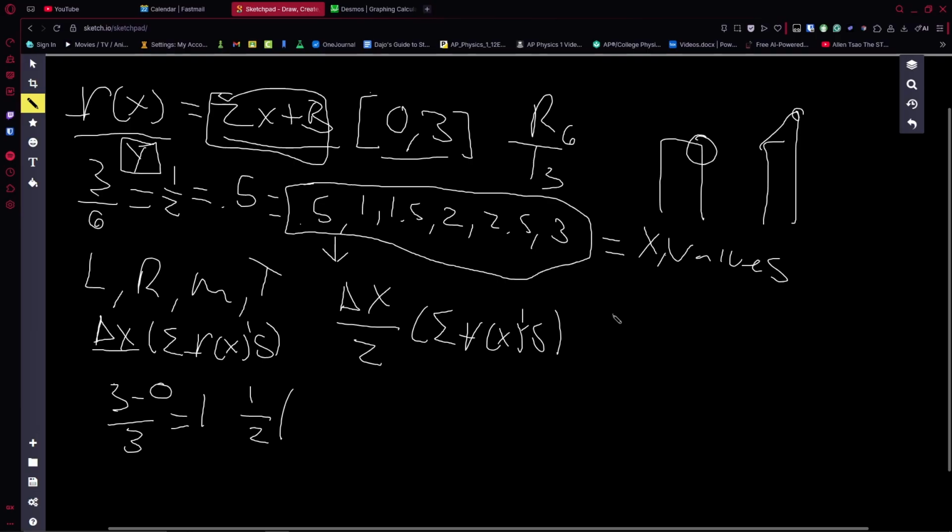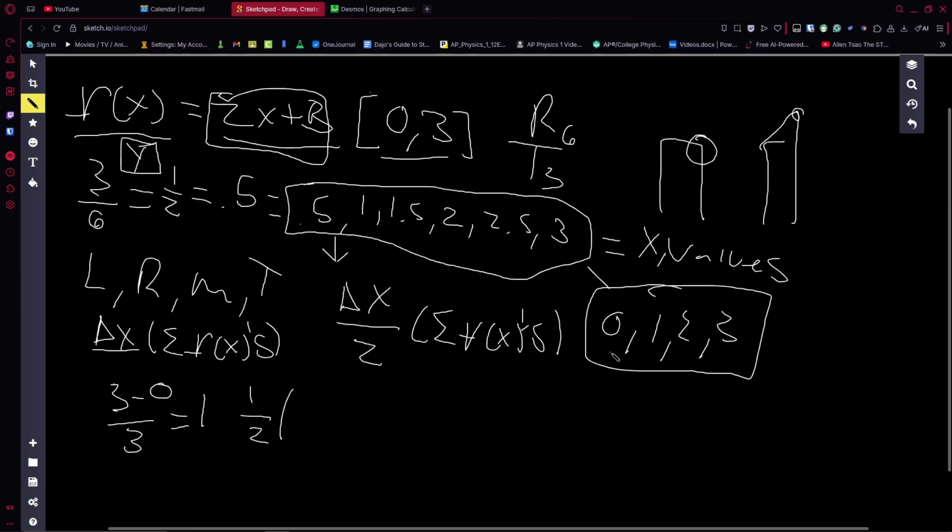Well, we need y values for 0, 1, 2, and 3, because this is basically where our trapezoids are going to be, right? We know that the change in x is 1, so we create an interval for each one on this interval here.